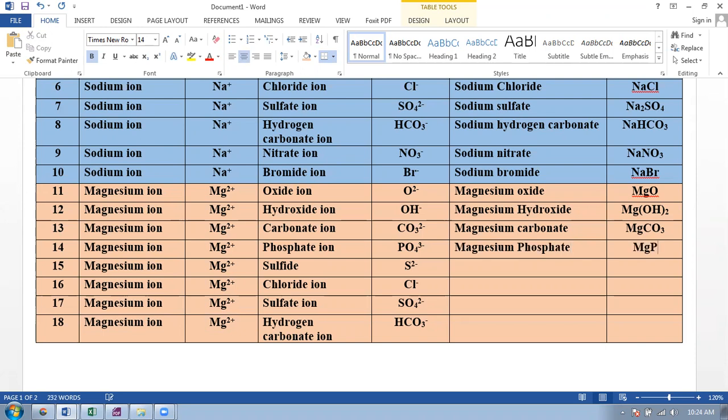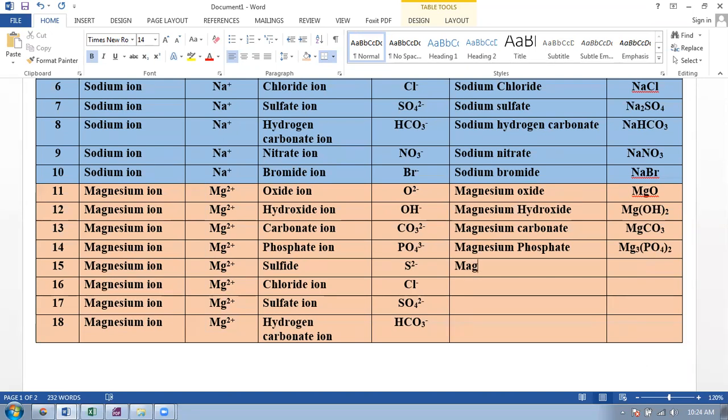At first you write Mg, then you write PO4. Now we interchange. Phosphate has 3 minus, so put a 3 here. And look at this, phosphate has more than 1 atom. So magnesium 2 would be here, but with the bracket. Because in phosphate, there is phosphorus, there is oxygen.